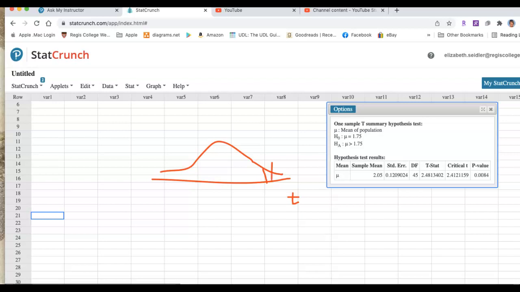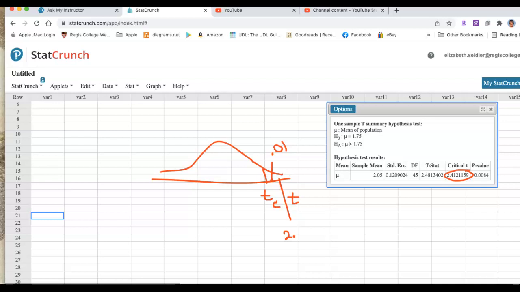So the area here is 0.01 for my t critical value of 2.412. Oh, I'm sorry, yes, the critical value is 2.412.